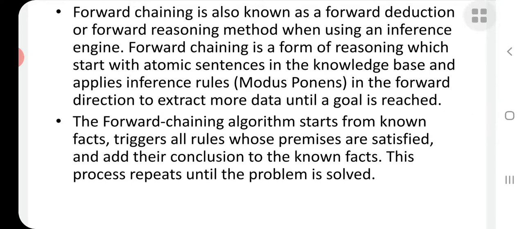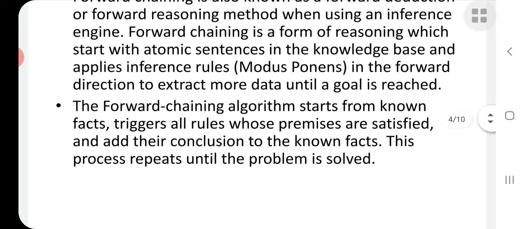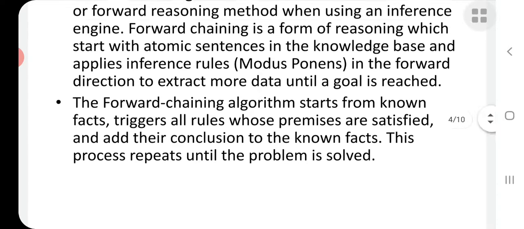I have already explained sentences: we have two types, atomic and compound. In the knowledge base, we apply inference rules in the forward direction to extract more data until a goal is reached.